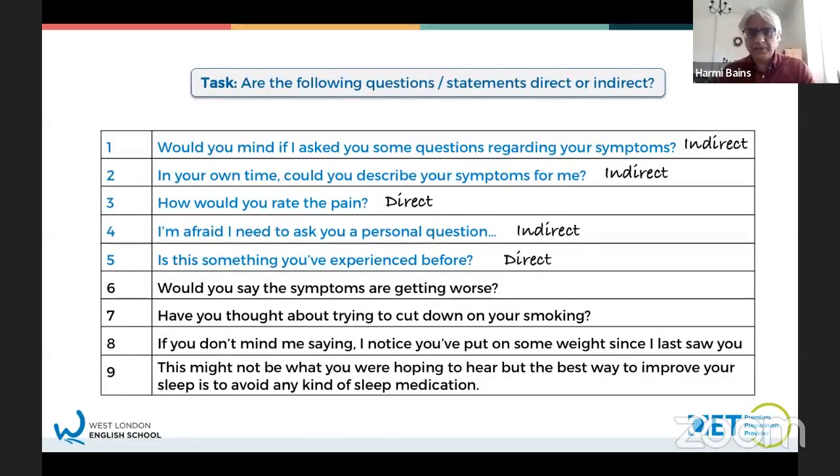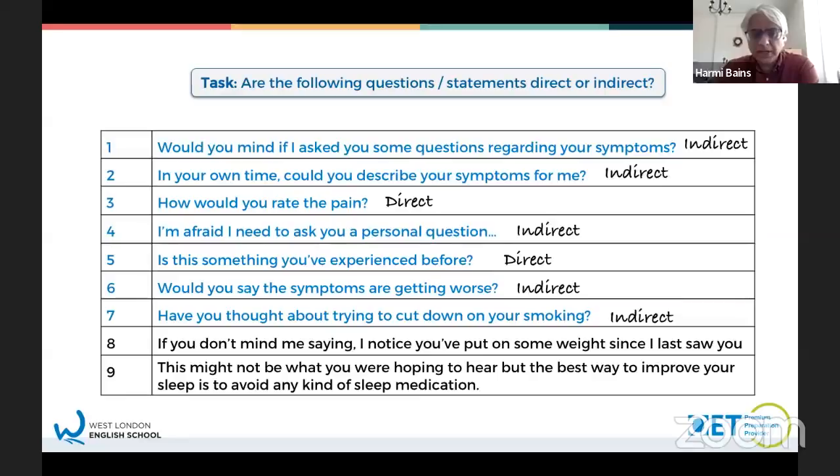"Would you say the symptoms are getting worse?" Indirect. Number 7, "Have you thought about trying to cut down on your smoking?" Again, indirect question. Nice way to make a suggestion, in fact. "Have you thought about?" And then it's followed by -ing.